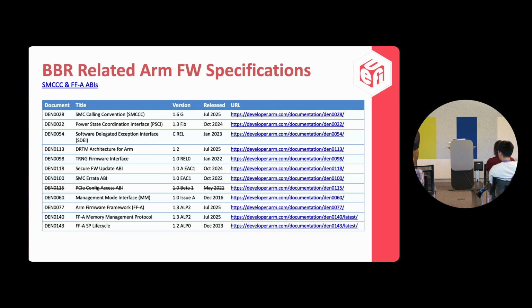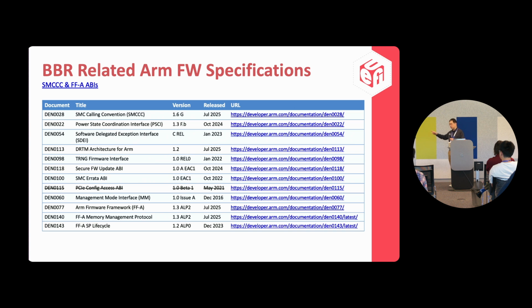We have mechanisms for secure firmware update, and some of the true random number generator interfaces as well. Management modes interface, right? The STMM that people talked about throughout the conference. ARM architecture supports that. I think Samuel mentioned the FFA a few times also. So all these are published specifications. The links are there.